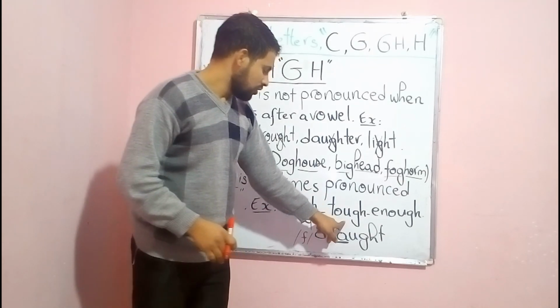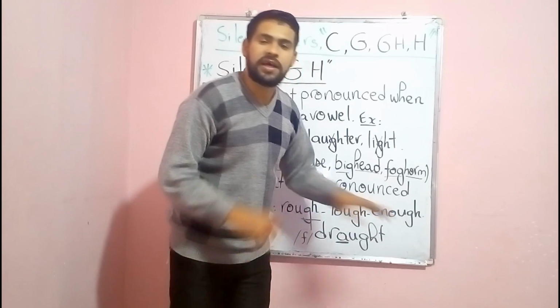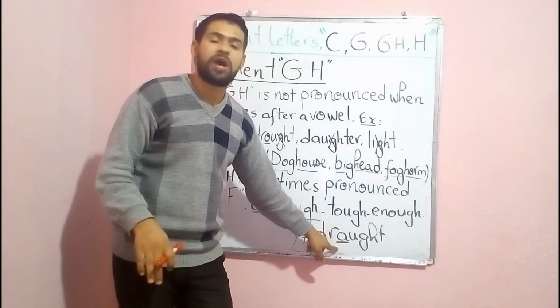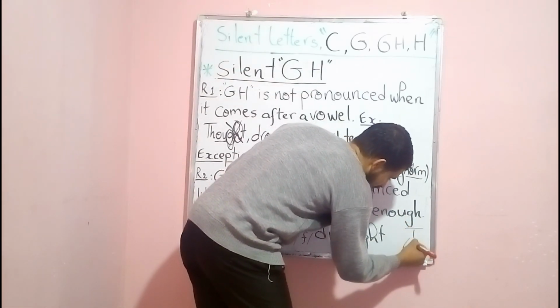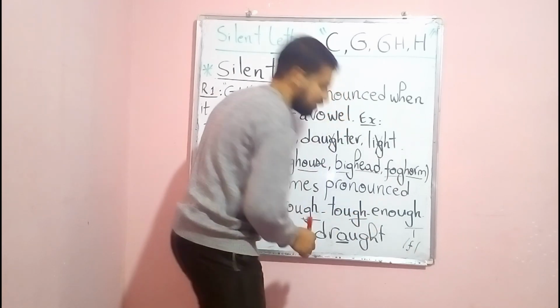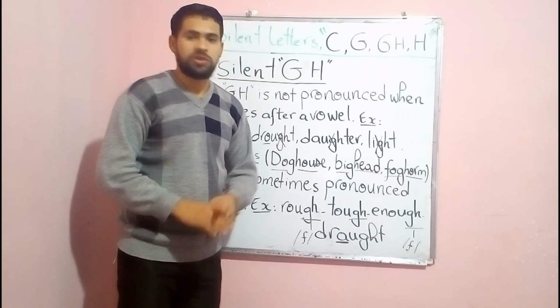Again here, tough, tough. And here, enough, enough. And here, druff. So, GH is F. GH here also is F. And GH here also is F.